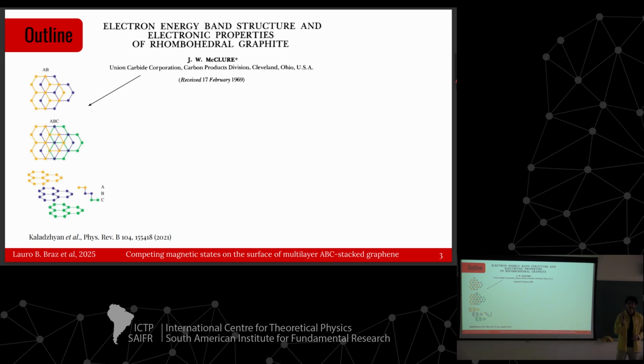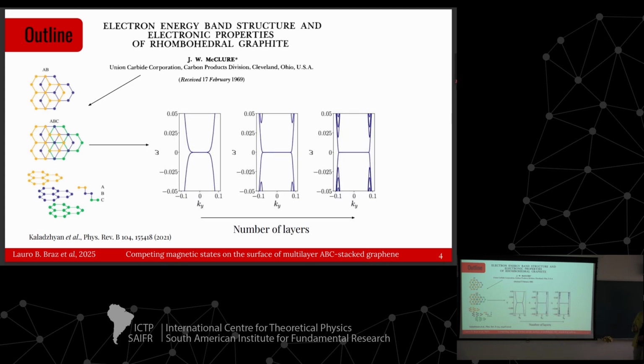But why exactly would such a thing be interesting, if not by the motivation of doing something that was predicted to be forbidden? Well, that's because this system has a localized-in-momentum flat band.